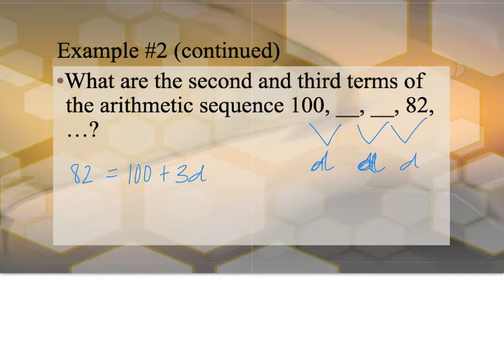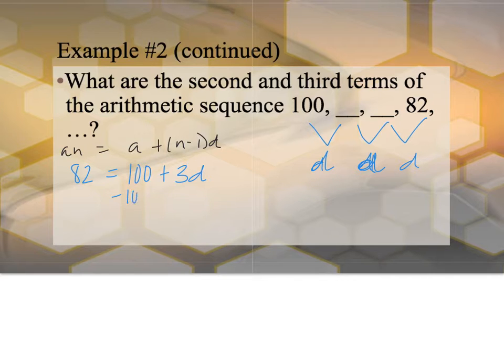And just to be clear, the reason why we're doing that is because if you remember the formula from the previous page, it says A sub n equals A plus n minus 1 times D. So A in this case is 100. It's our first term. 82 is the last term of the sequence. Not necessarily, but for now it is the last term of our sequence. And we use 3D to show the number of differences. Okay, so from here we can continue to solve.